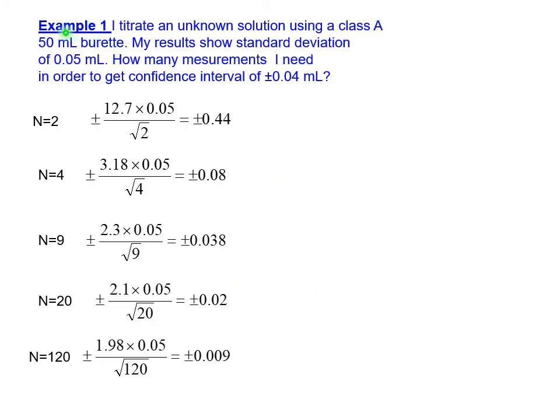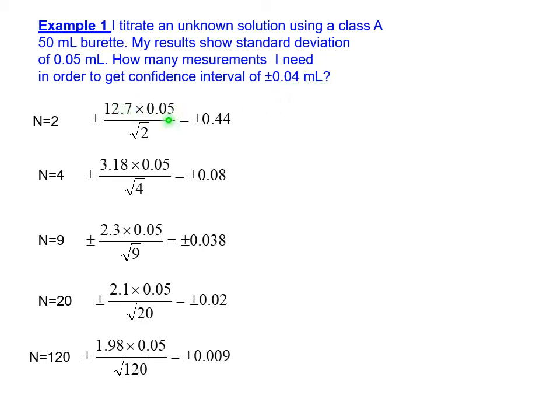Let's do an example. I titrate unknown solution using class A 50 ml burette. My results show standard deviation of 0.05 milliliters. How many measurements do I need in order to get confidence interval of plus minus 0.04 ml?